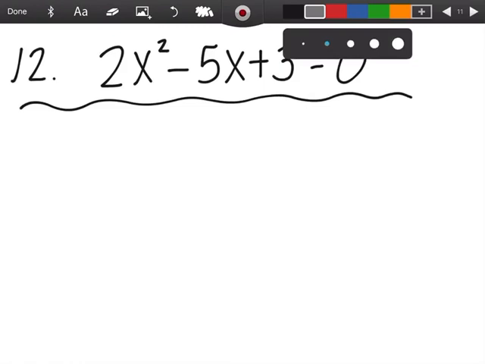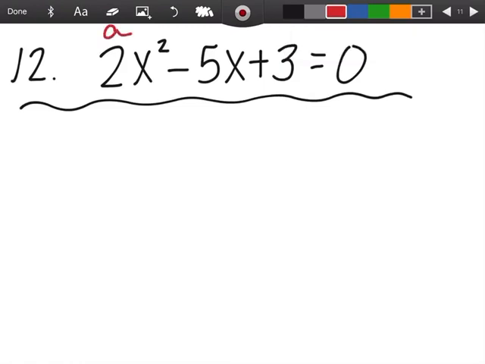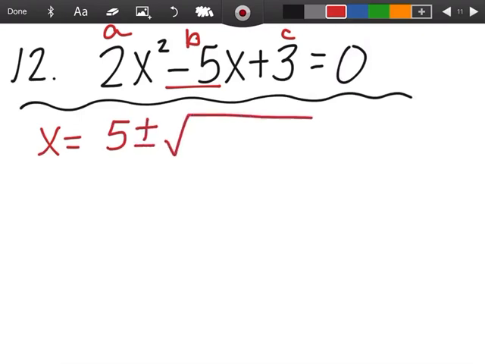So if I let 2 be A, negative 5 be B, and 3 be C, I'm going to use the quadratic formula. So x equals negative b, which is the opposite of b, which in this case is the opposite of negative 5, which is 5, plus or minus the square root of b squared.